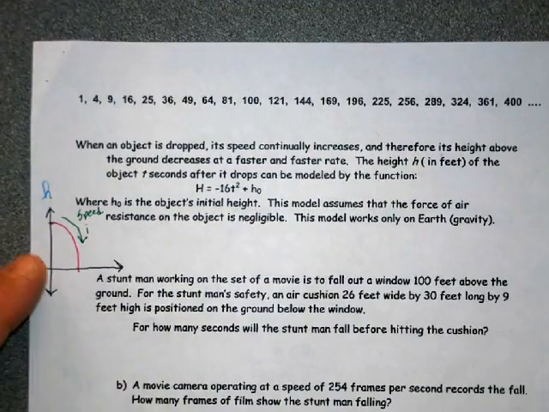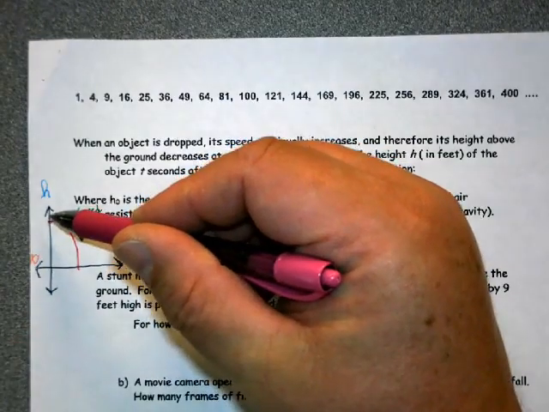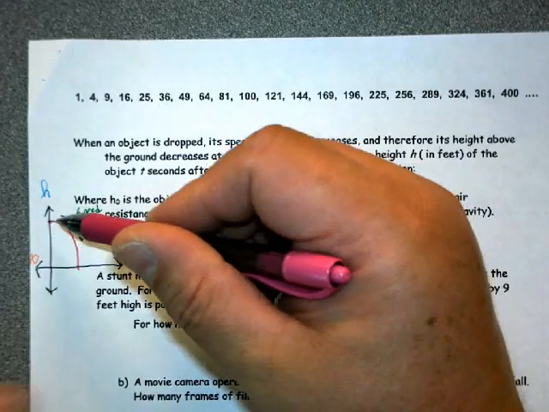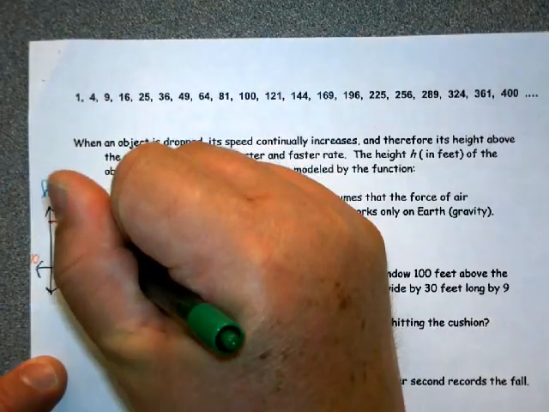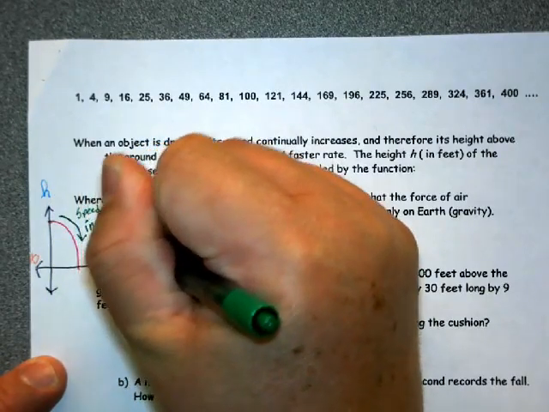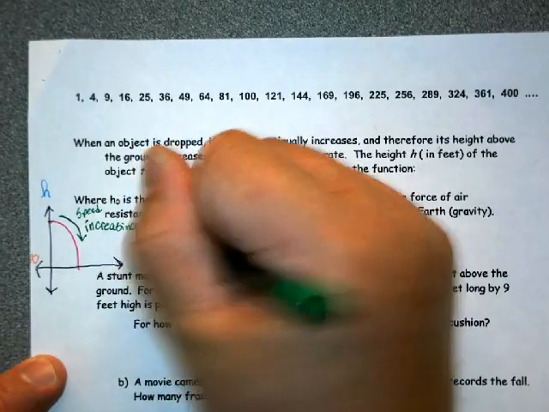Okay, so we're dropping this object, and obviously it doesn't drop at its fastest speed, right? So your speed is increasing as it's going towards Earth. Okay, speed is increasing.